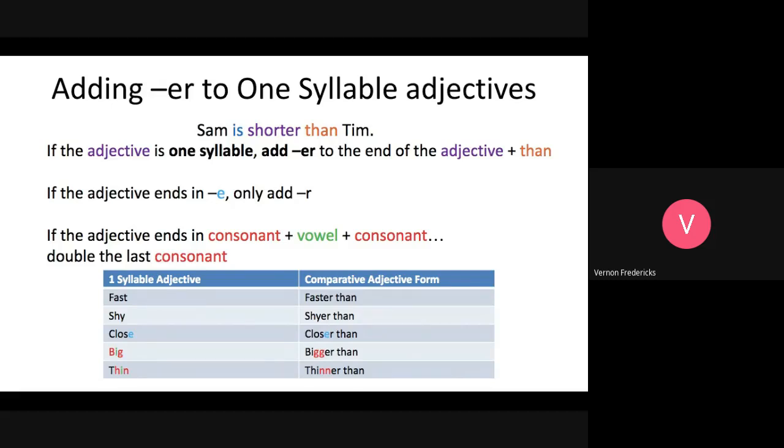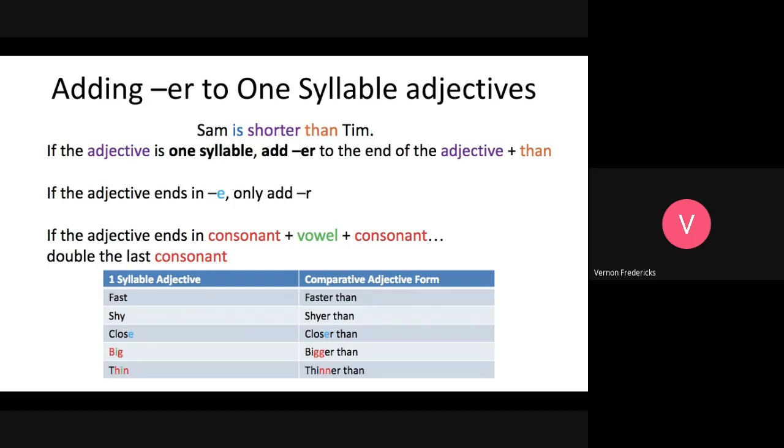Now we have the last two here. If the adjective ends in a consonant, vowel plus consonant, double the last consonant. So here we have big. We have consonant B, vowel I, consonant G. If I'm going to compare it, I'm going to double the last consonant.